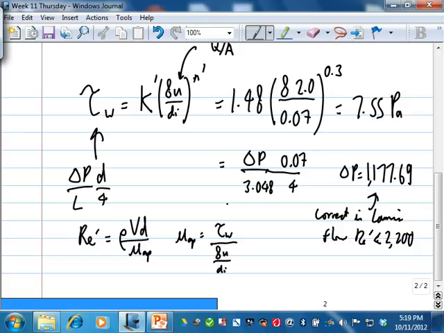Is that correct? So it's actually K prime times 8U over Di to the N prime over 8U over Di. Is that correct? Let me check before.